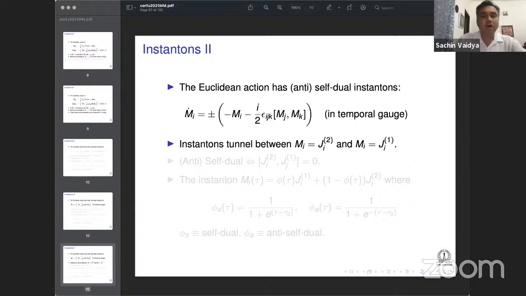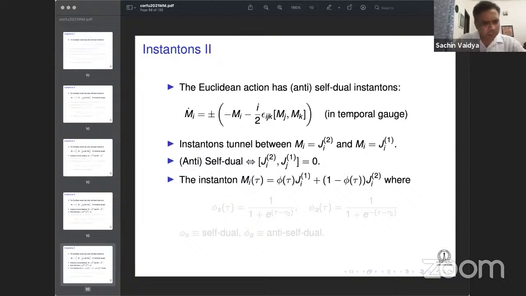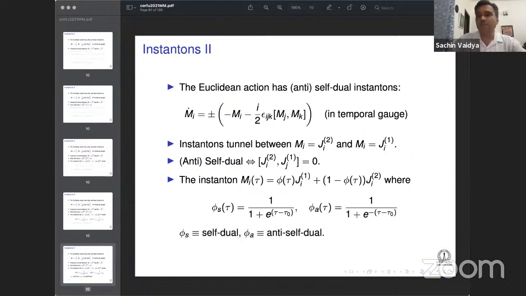And if you want to look at just self-dual or anti-self-dual instantons, then we require that the two J's, J2 and J1, commute. So it's very easy to write down the instanton solution. It's phi of tau times J1 plus 1 minus phi of tau times J2, where phi is this function that I've written down. If it's a self-dual instanton, then it is of the first form. If it's an anti-self-dual instanton, then it's of the second form.